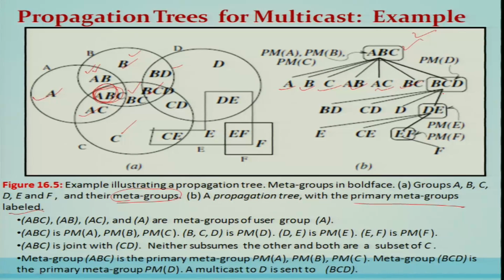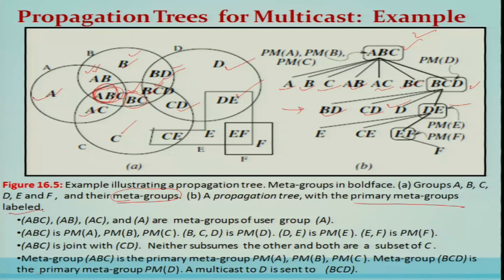Now in turn BCD will become the primary meta group for these meta groups. BCD will have BD, then CD, and BC is already absorbed in ABC, so it will not be reflected over here, and D and DE.